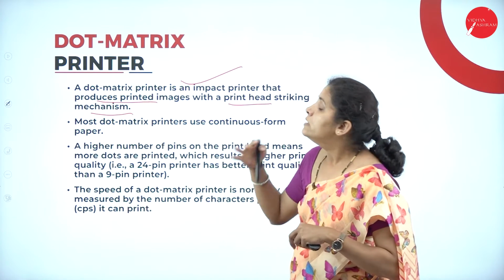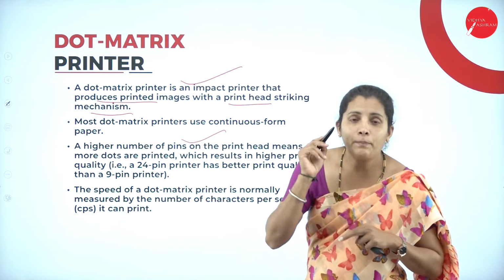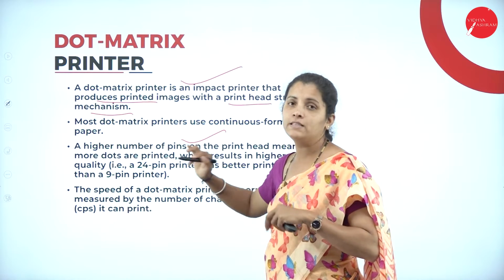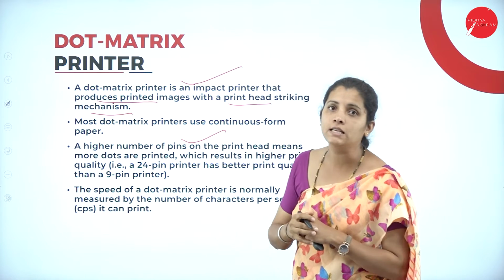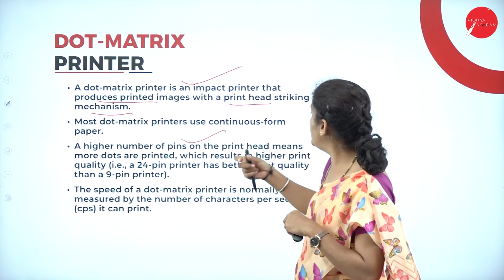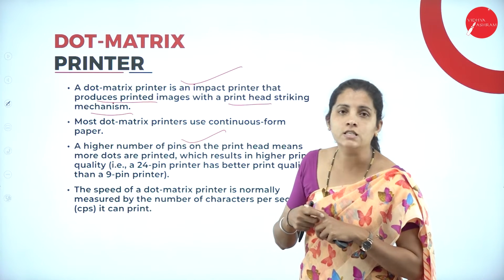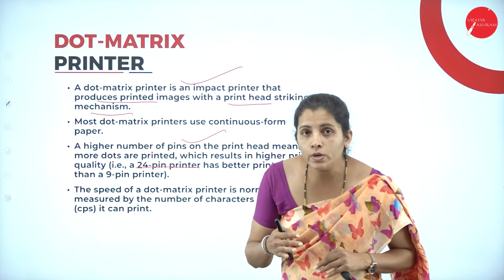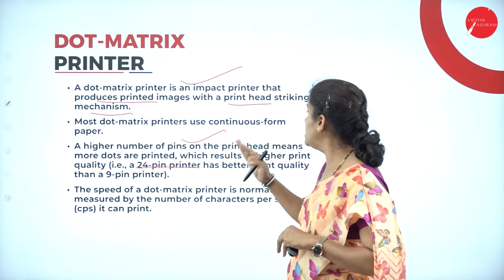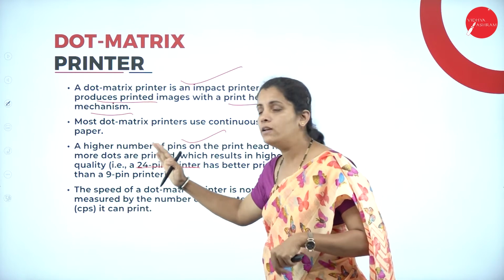That means the quality of the output is good. Suppose you have a low number of pins on the print head, then the quality of the output is very low. Dear students, I repeat that a 24-pin printer has better print quality than a 9-pin printer.